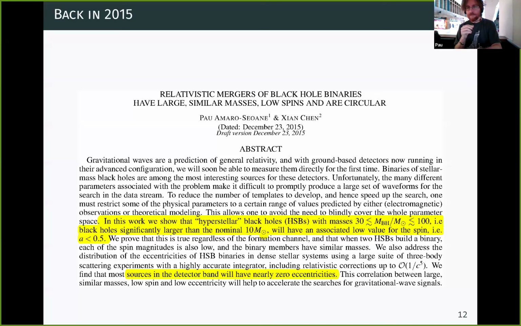Oh, by the way, a little bit of propaganda. Allow me to mention very briefly that in 2015, but it was presented in a series of meetings and workshops well before 2015, a very good friend of mine, a dear friend, Shen and me, we predicted the characteristics that black hole detections by LIGO and Virgo should have. They should have masses between 30 and 100, typically, low spin values, and basically be eccentric.